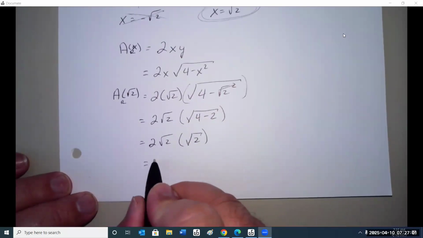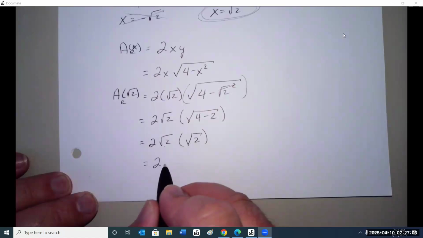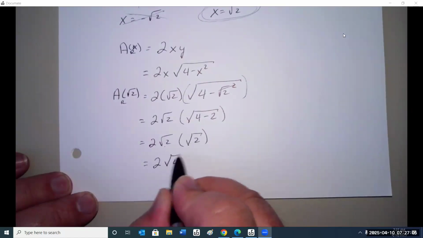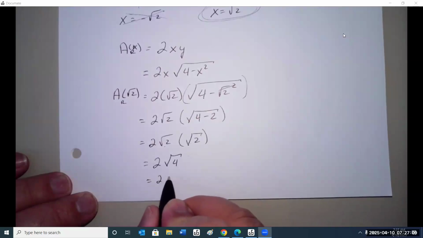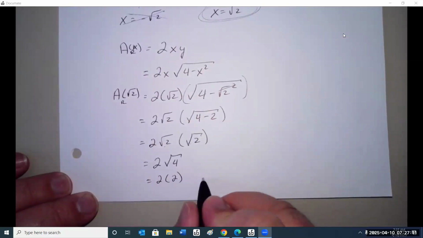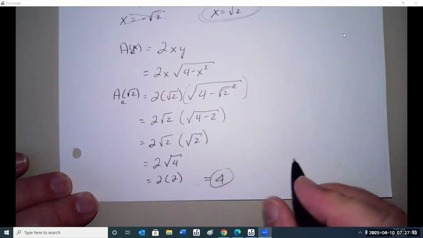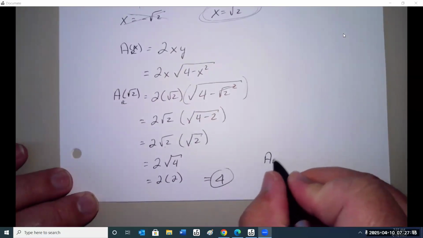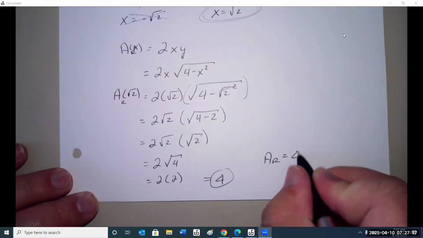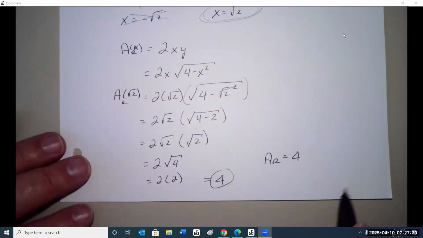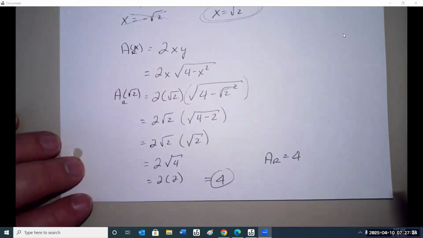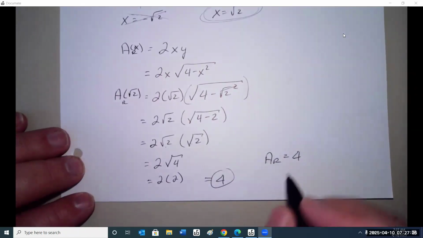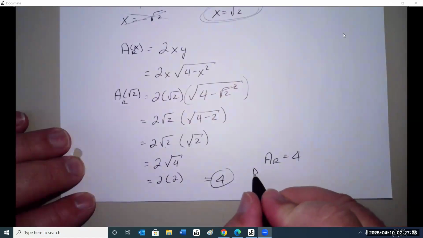So we have 2 radical 2 times radical 2, which is radical 2 squared. That makes it 2 times 2, and that equals 4. So the largest area that we can have is 4. So our dimensions.